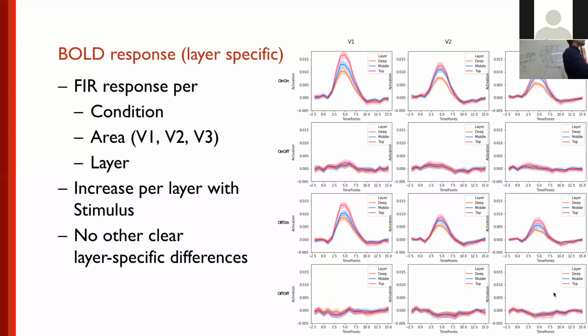What do we do whenever we have a null result? Because cry. That's one thing we do. But there are some published studies about layers that actually find an effect.